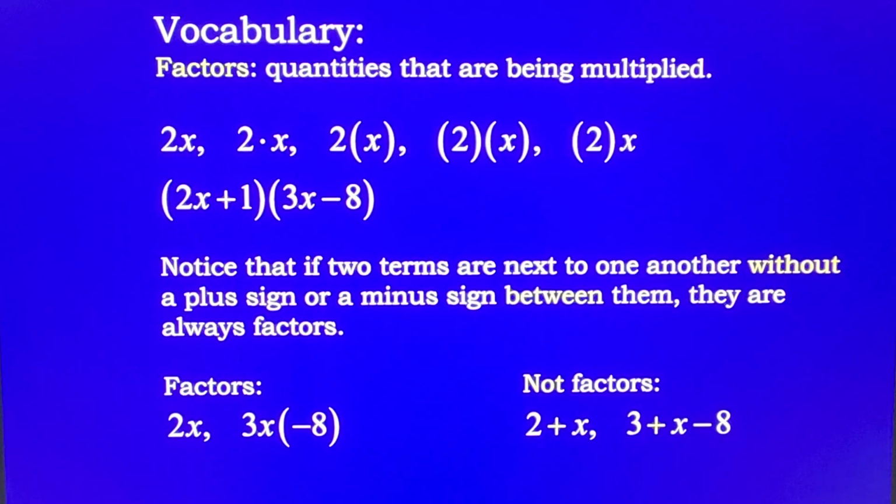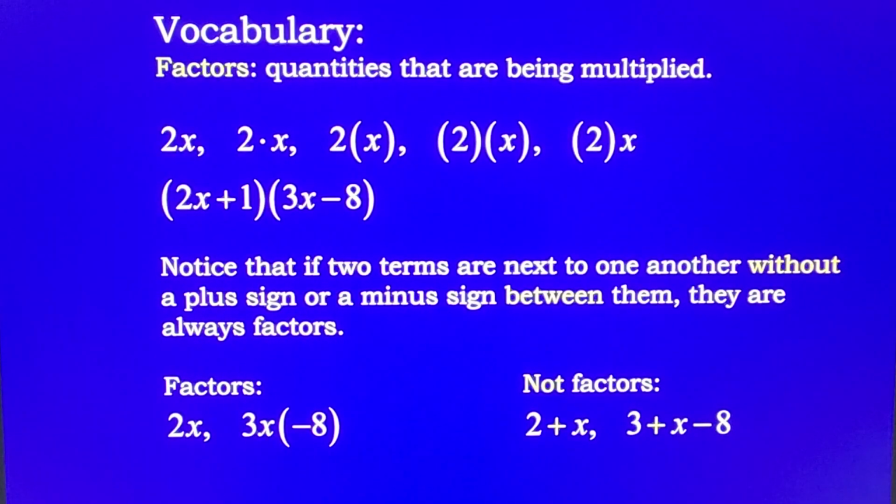Look at the example at the bottom of the page. 2x. 2 and x do not have anything between them, so they're factors, 2 times x. 3x(negative 8). This is still a factor because the negative sign is inside of the parentheses.